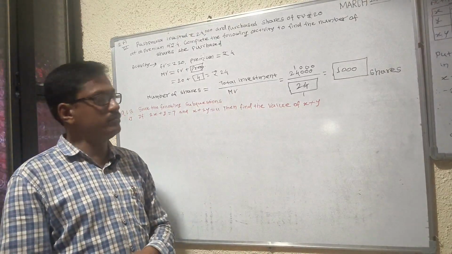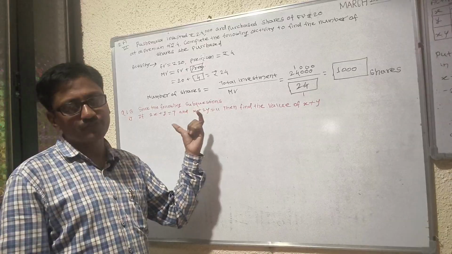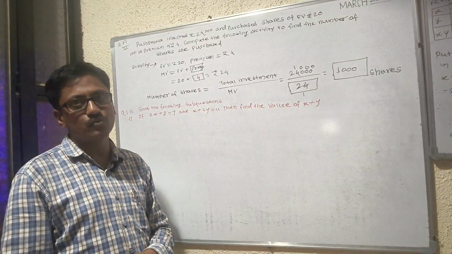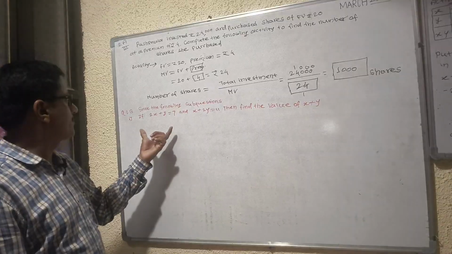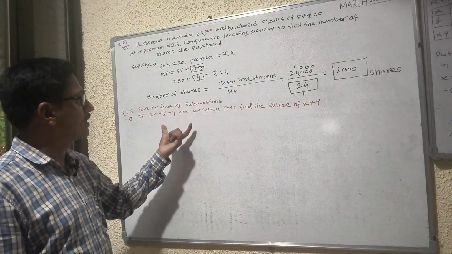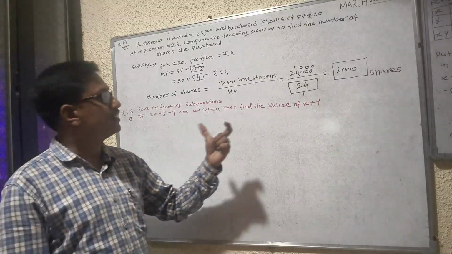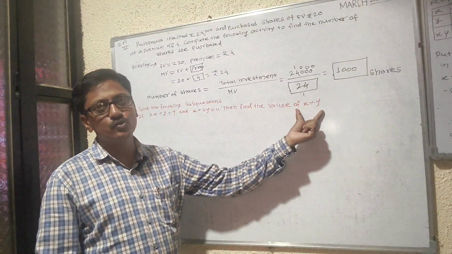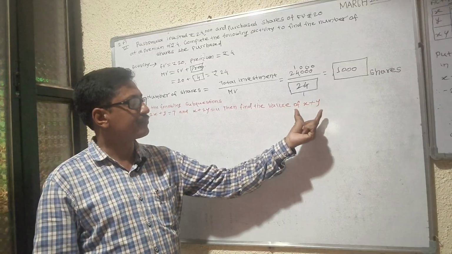Pay attention to the question. Focus on what is given and what to find. What is given here? Two equations with two variables. And what to find? We have to find the addition of two variables, x plus y.